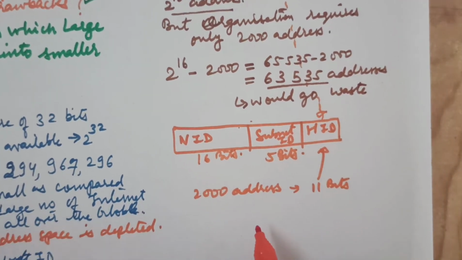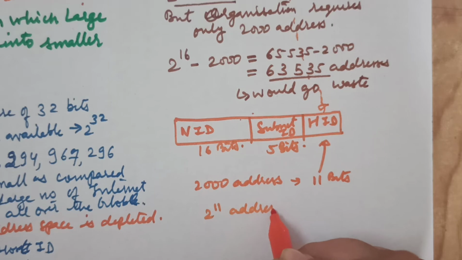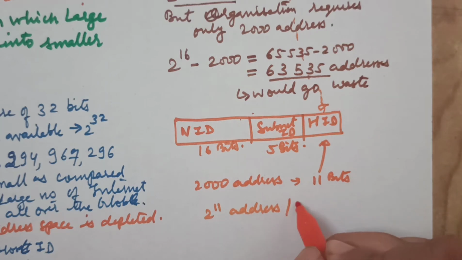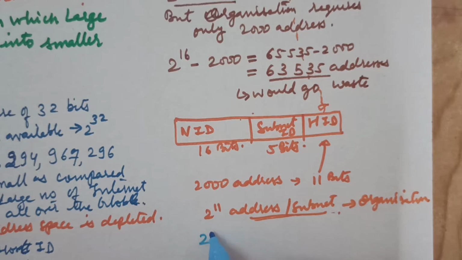Now with this kind of subnetting, 2 raised to 11 addresses will be possible per subnet. And let us say this subnetwork is now allocated to the organization requiring 2000 addresses. So the organization will now be allocated 2048 addresses, and its requirement is of 2000 addresses.